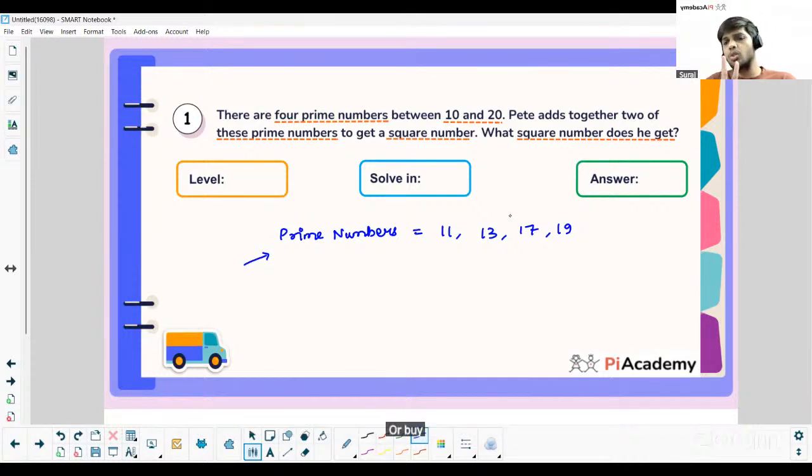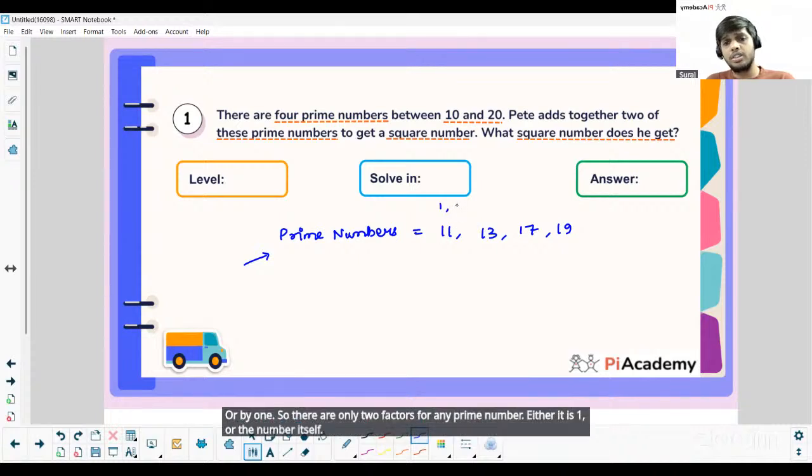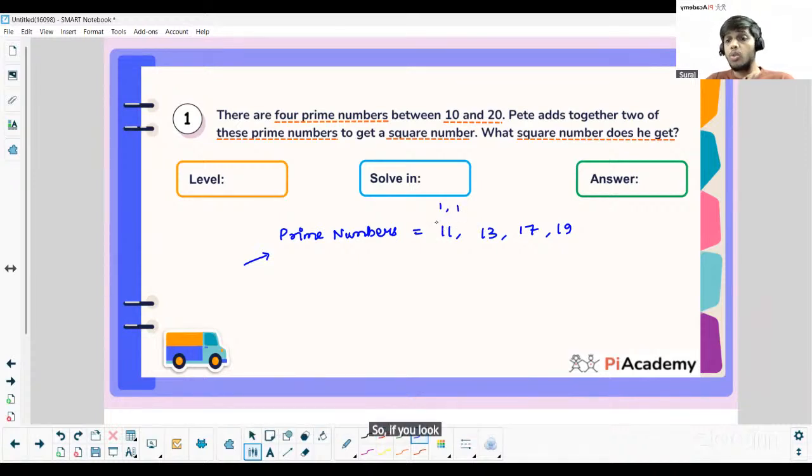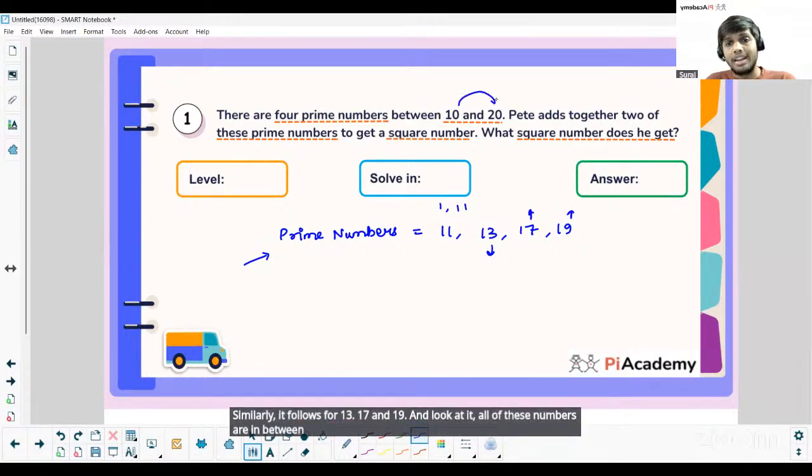So there are only two factors for any prime number: either 1 or the number itself. If you look at 11, there are no factors of 11 other than 1 and 11 itself. Similarly, it follows for 13, 17, and 19. And look at it, all of these numbers are between 10 and 20.